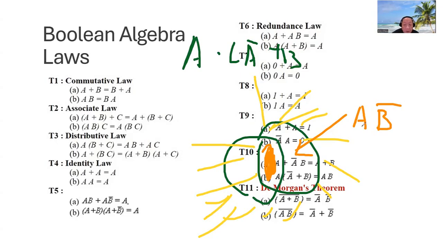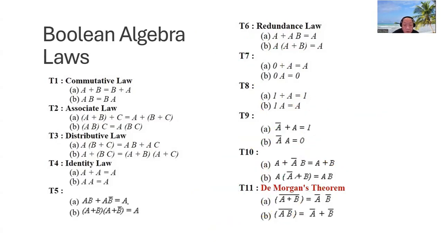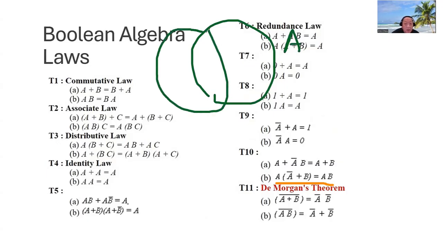I'm sorry. Let me check one more. Okay, this one is this. We have to cover over this. A bar or B, and A. Okay, I'm sorry. I almost lost it. A bar or B. A bar is outside.